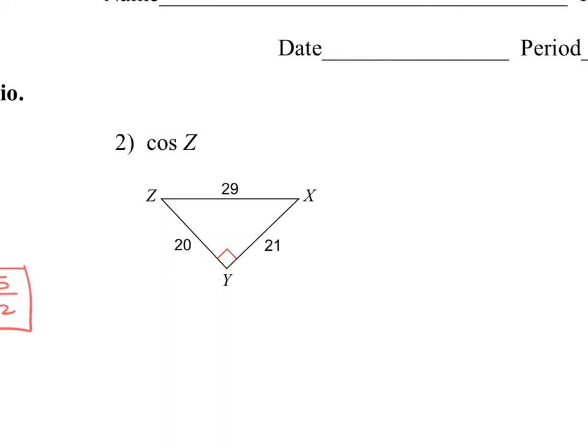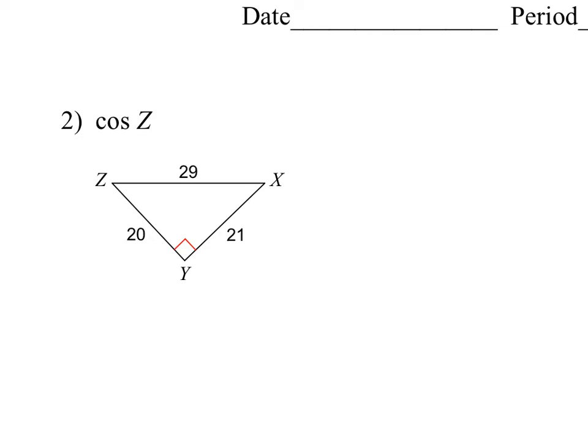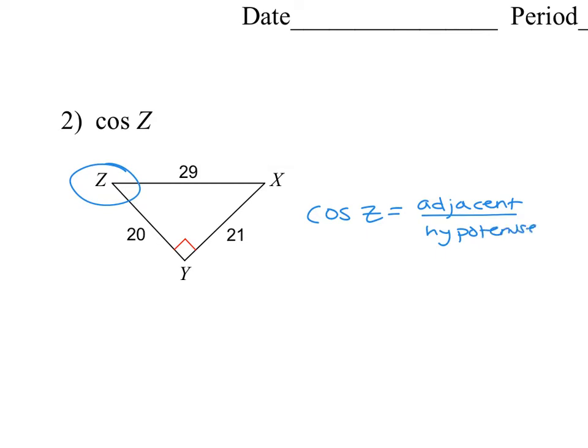If we look at a similar problem, this one asks us to find cosine of Z. I'm going to again circle my reference angle. Cosine is going to be adjacent over hypotenuse, so I need to make sure I figure out which side is adjacent.